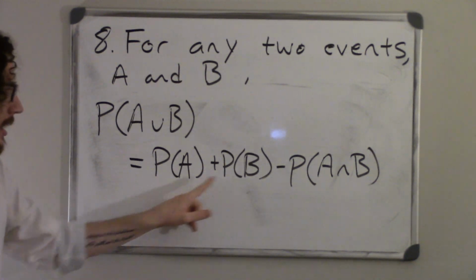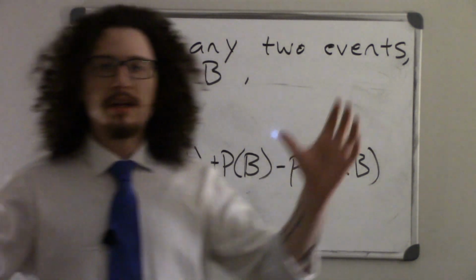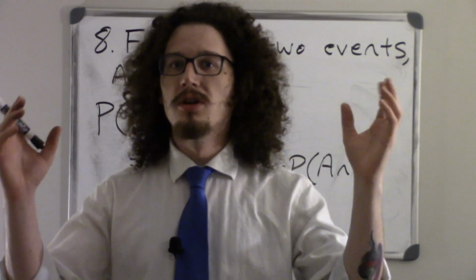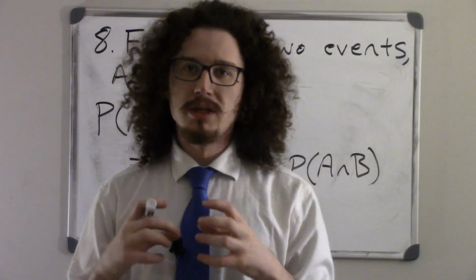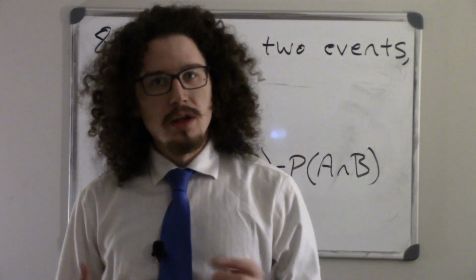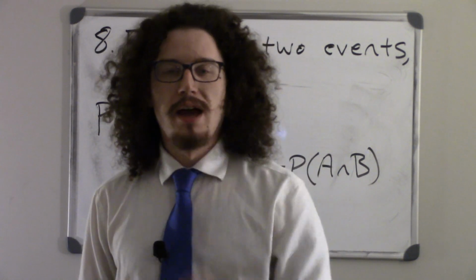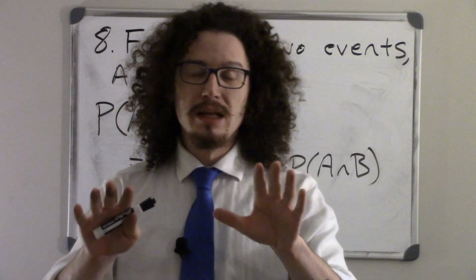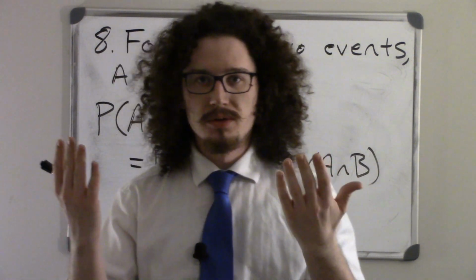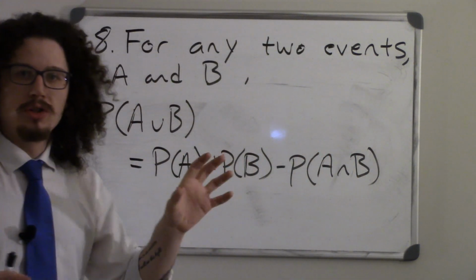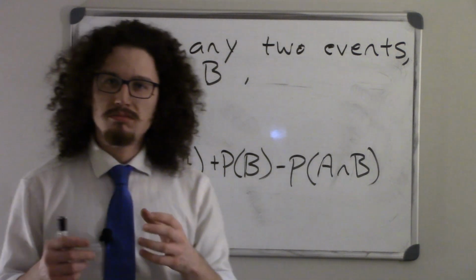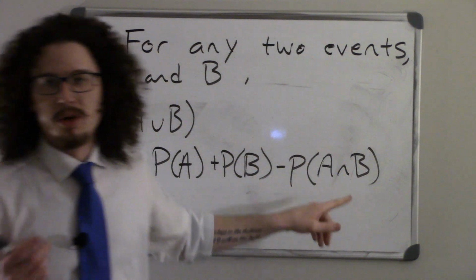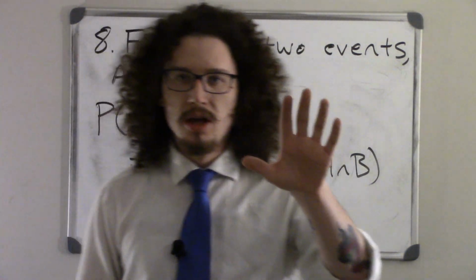When you're doing the probability of A plus the probability of B, you're taking those two full circles in our diagrams and adding them together. However, there's that bit of overlap. That overlap is counted in A and in B. So in order to not double count those observations in the intersection, we're going to subtract it out once.